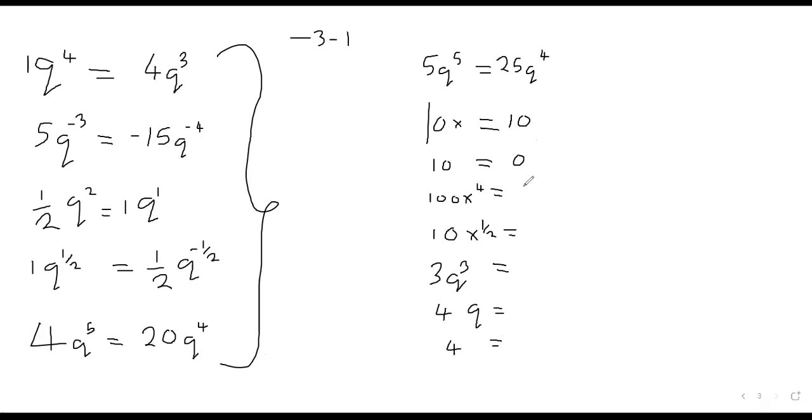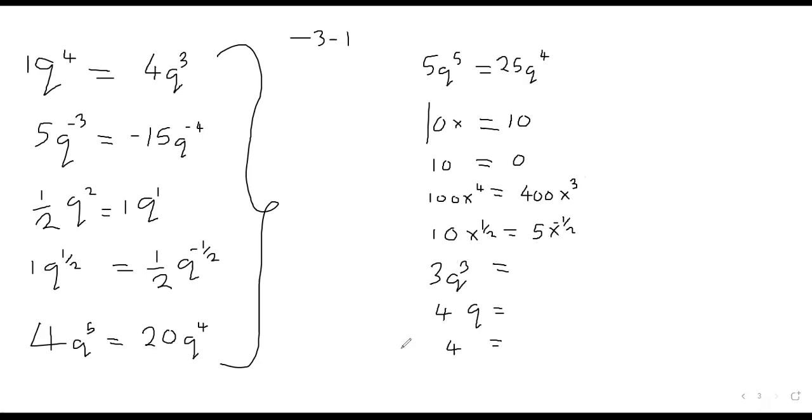Let me try. 400x to the power 3. Good. 10X half? (5x minus half). Because half minus 1 is negative half.